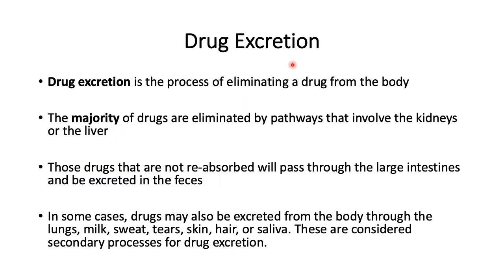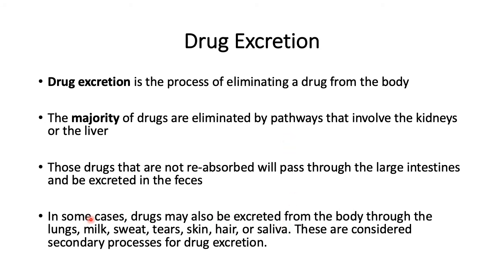Drug excretion is the process of eliminating a drug from the body, and the majority of drugs are eliminated by the kidneys, broken down by the liver and eliminated by the kidneys. The drugs that do not take these pathways use other pathways as well. Although this is the major route of elimination, there are other ways in which our body tries to get rid of toxins.